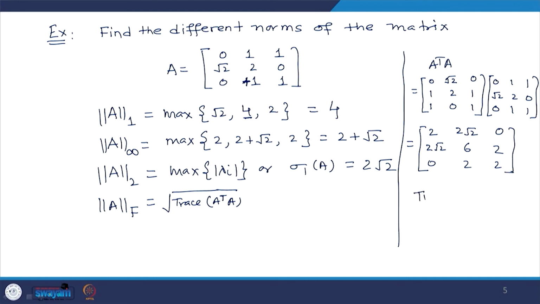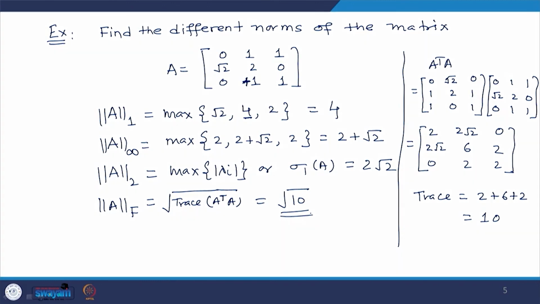So, the trace of this comes out to be 2 plus 6 plus 2, that is 10. So, it will be square root of 10, that is the Frobenius norm of the matrix A.